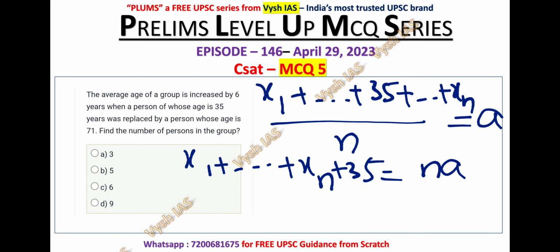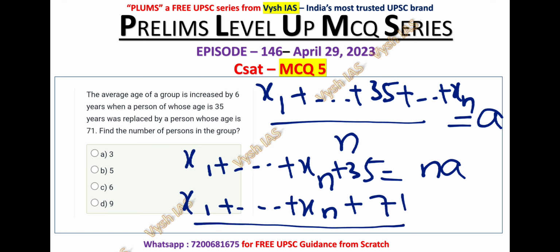This is the value. When this 35 is replaced by 71, the average value has increased by 6. So x1 and so on till xn plus 71, divided by the number of members n, is equal to a, which is increased by 6.